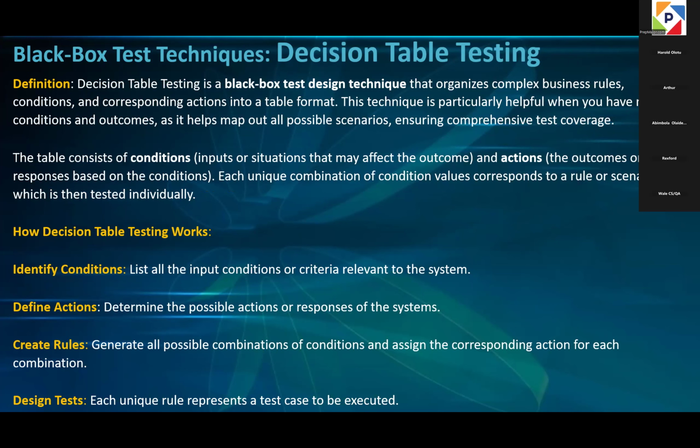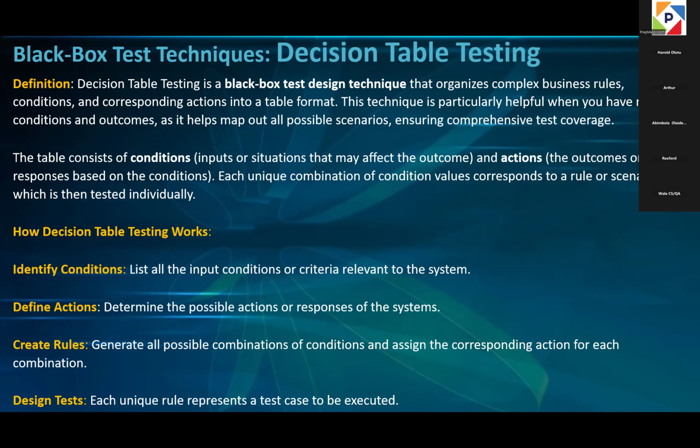This technique is particularly helpful when you have multiple conditions and outcomes, as it helps map out all possible scenarios, ensuring comprehensive test coverage. So the table consists of conditions, okay, inputs or situations that may affect the outcome.